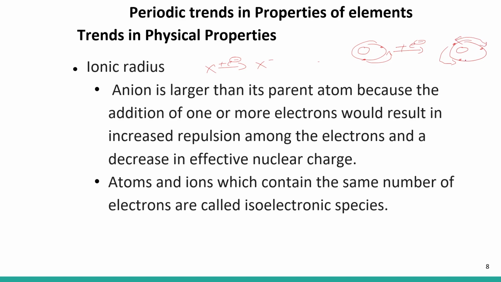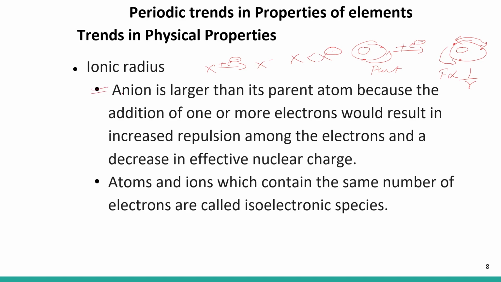Due to this, the shell will expand, so that the repulsion could be decreased by increasing the distance between these charges, as we know that electrostatic force is inversely proportional to the distance. So as these electrons move apart from each other to reduce the effective repulsion force, this will have a greater radii as compared to the parent atom. So X will have a smaller radii than X negative. Is this thing clear?